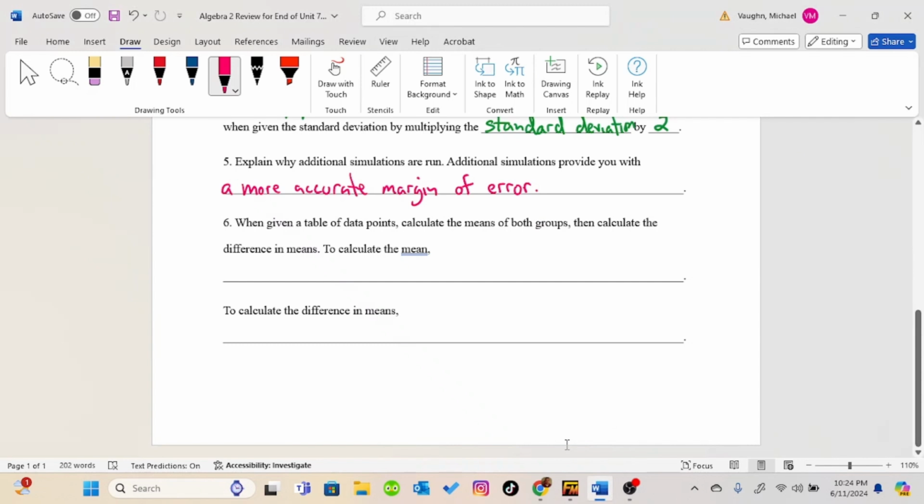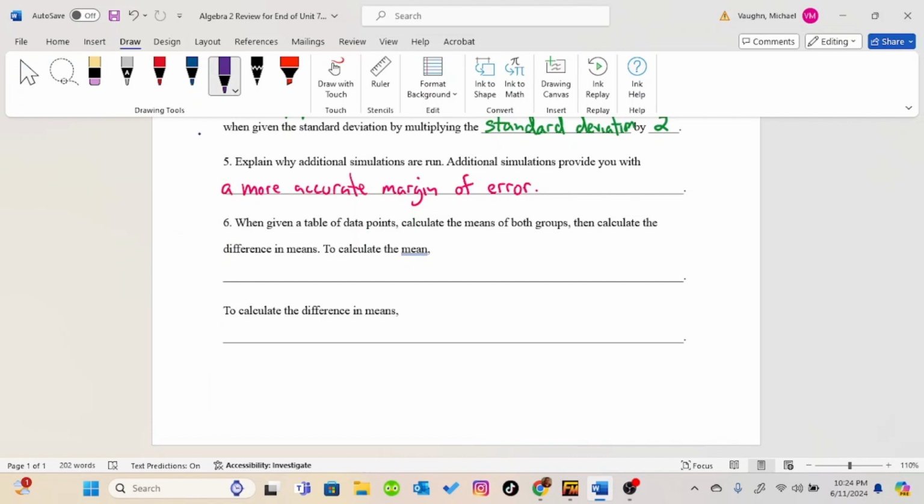The last thing you need to know going into this test is that when you are given a table of data points, you must be able to calculate the means of both groups and then calculate the differences in the means.